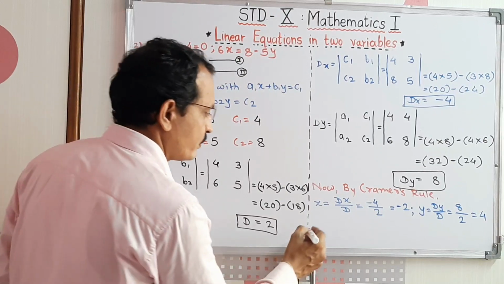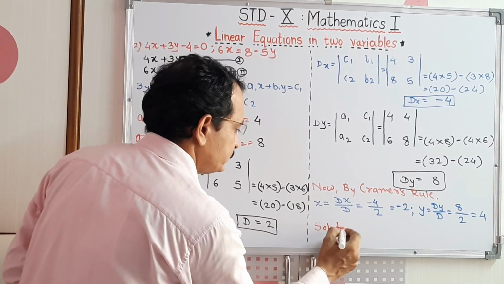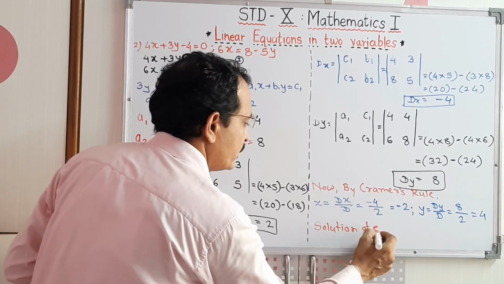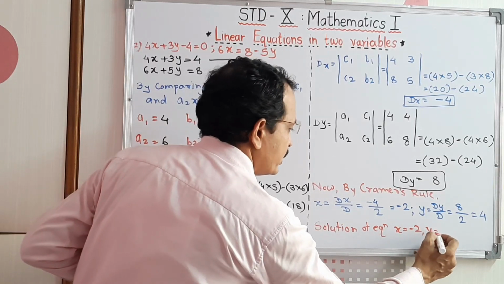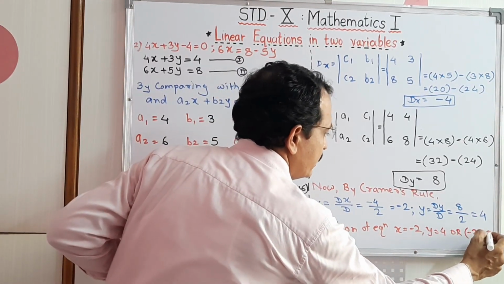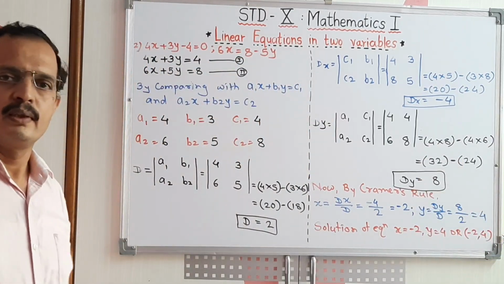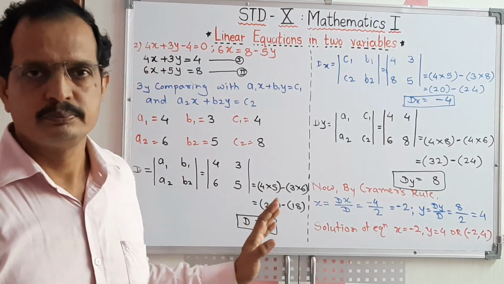Now we have to write the final answer, that is solution of equation x is equal to minus 2, y is equal to 4, or we can write minus 2 and 4. I think students you understood this.